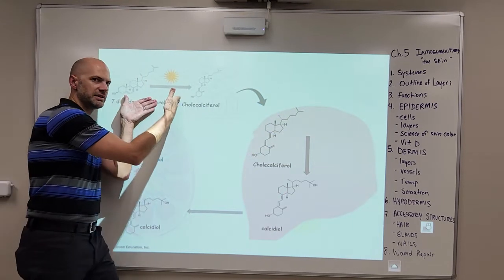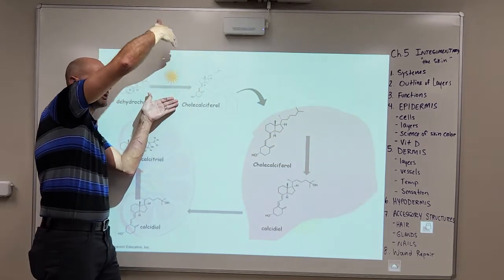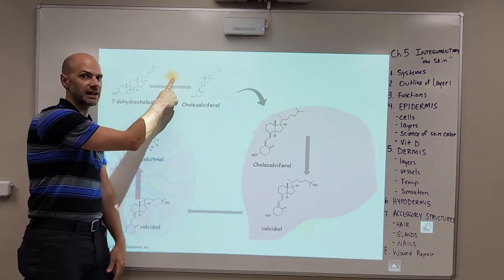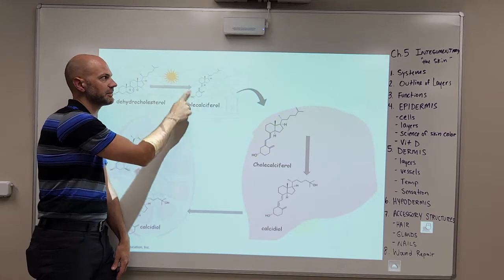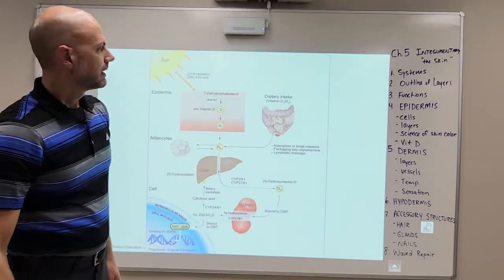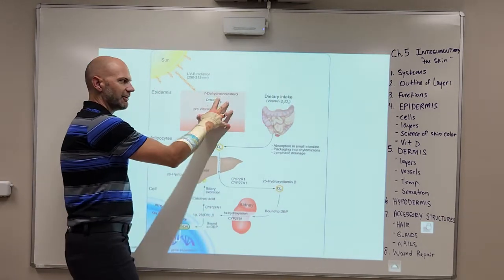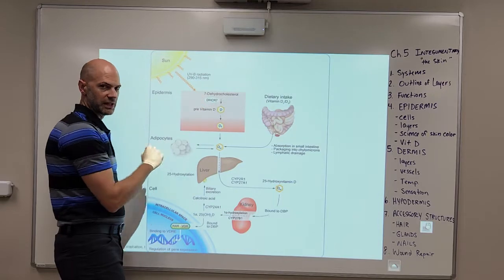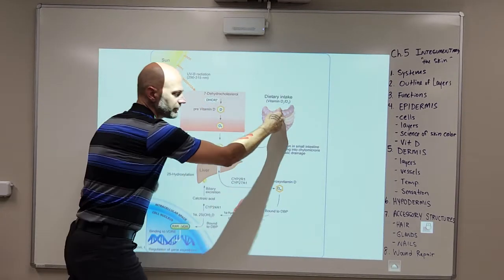Why is the skin important? Because we need UV exposure to make this conversion. This step requires sunlight. That's important. So if we don't have proper sun exposure, with a good source of cholesterol, we need to get it from our diet.